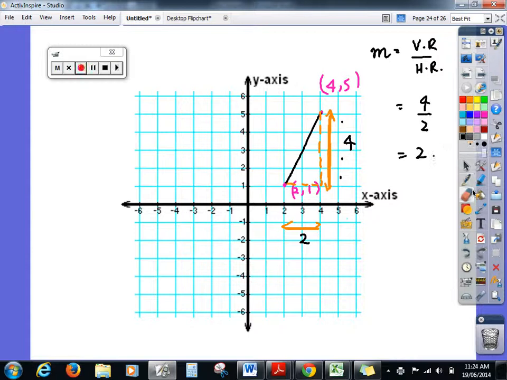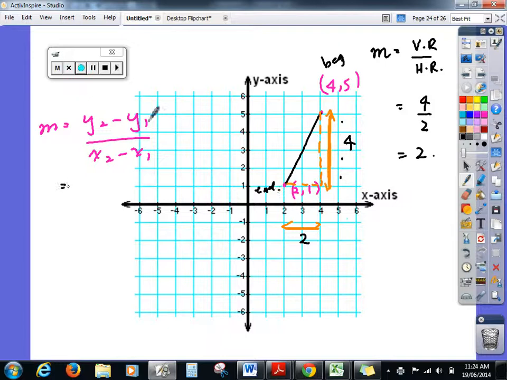Using the formula, we'll simply go m is y2 minus y1 over x2 minus x1. Now the 2's are your start point and the 1's are your end point. So let's have the start, or beginning point, and the end point being down here. It doesn't matter which one you choose as your beginning or your end, but you've got to be consistent.